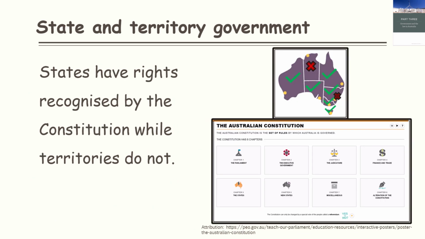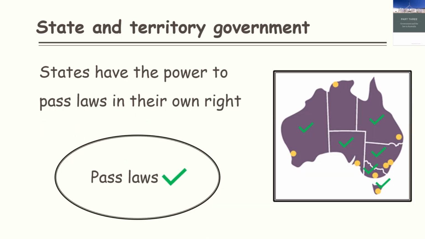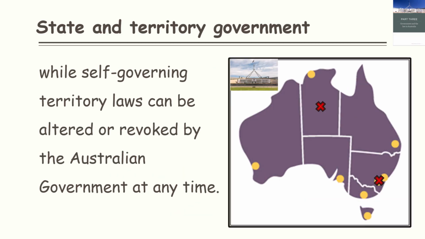States have rights recognized by the Constitution, while territories do not. States have the power to pass laws in their own right, while self-governing territory laws can be altered or revoked by the Australian government at any time.